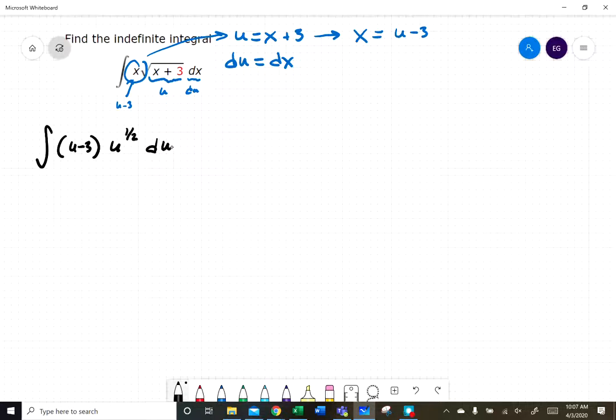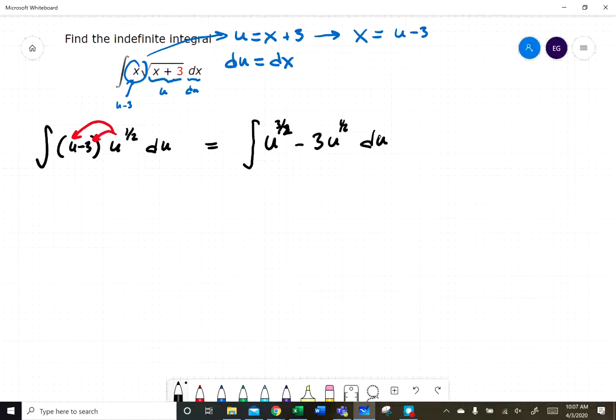All right, now we could apply the power rule for integration, or the reverse power rule, if you want to call it that, by distributing that u to the 1/2. So we could split up this product. So we'll have the indefinite integral of u to the power 3/2 minus 3 times u to the power 1/2 du.